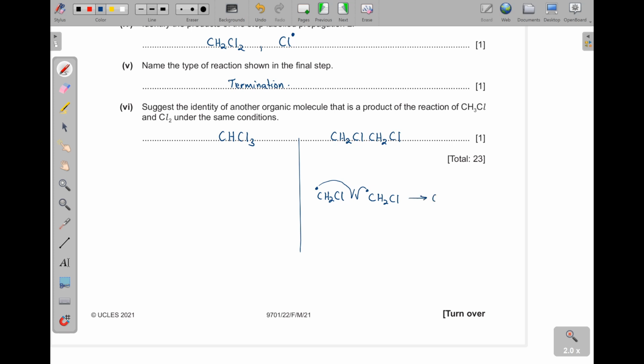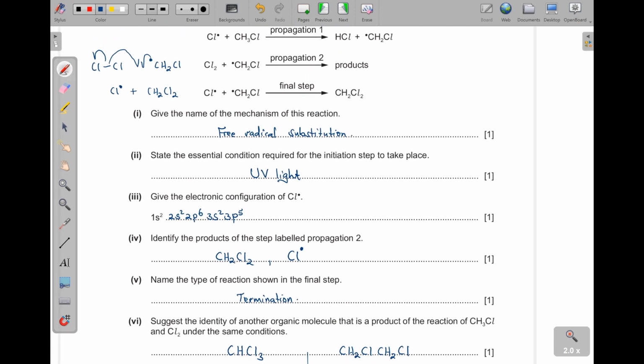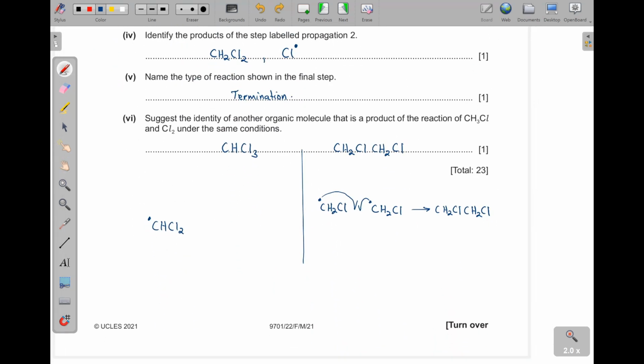You are going to get CH2Cl-CH2Cl. Okay, if I have this CHCl2 here, that radical comes into contact with another chlorine radical. You see? So we are going to get here CHCl3. That's why I've written this one here. You see that? So any of the two can work.